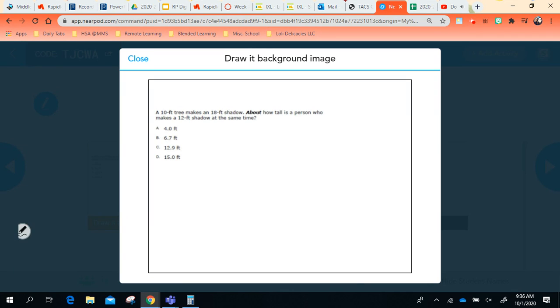So it says a 10-foot tree makes an 8-foot shadow. About, so remember that means we're not looking for the exact number. How tall is a person who makes a 9-foot shadow? Okay, so I need to figure out what? What's the question asking me to find?